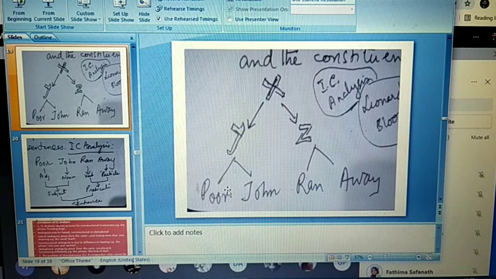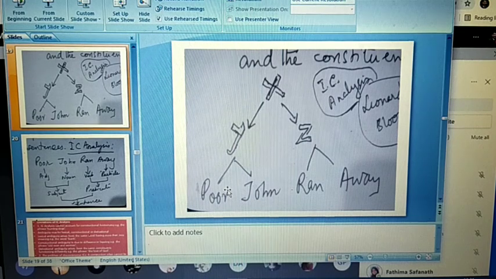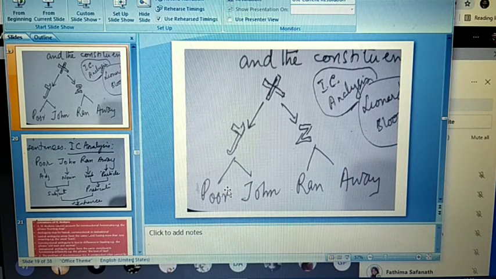Third layer is poor John ran away. So a sentence in immediate constituent analysis can have three layers: sentence as layer 1, Y and Z, subject and predicate, as the immediate level, and the ultimate constituents are poor John ran away.